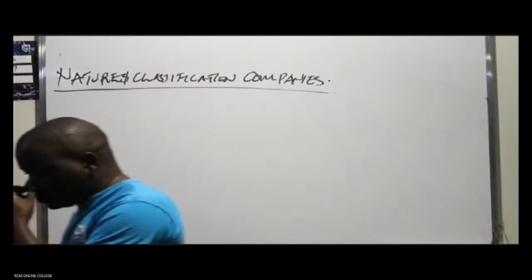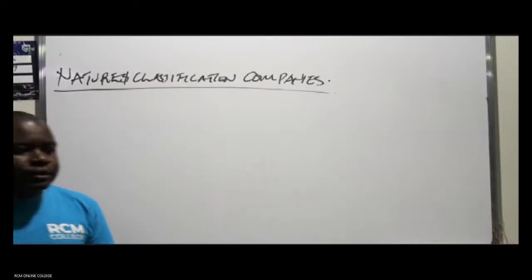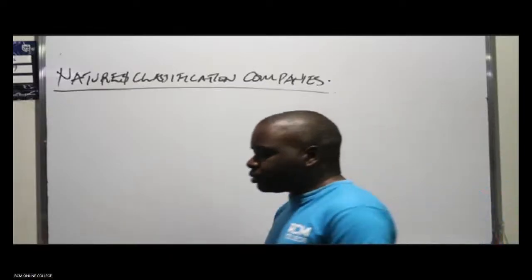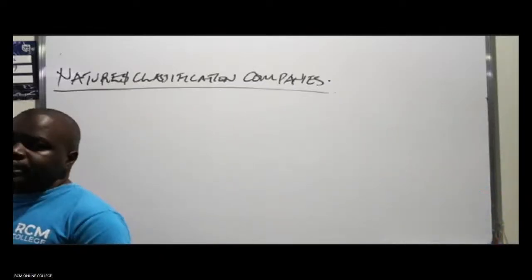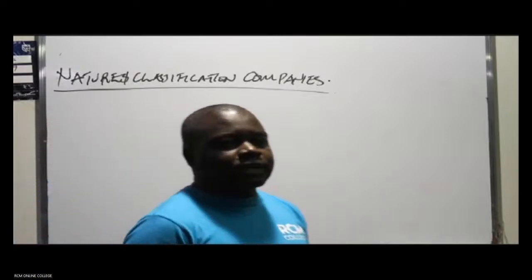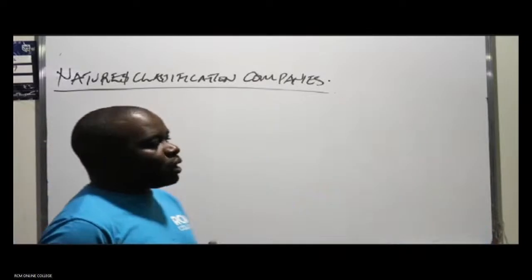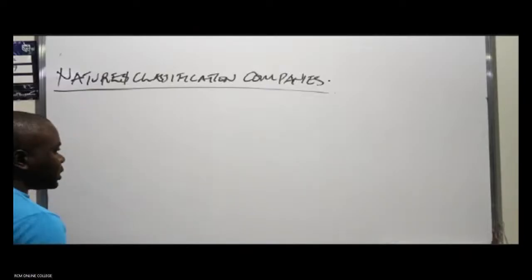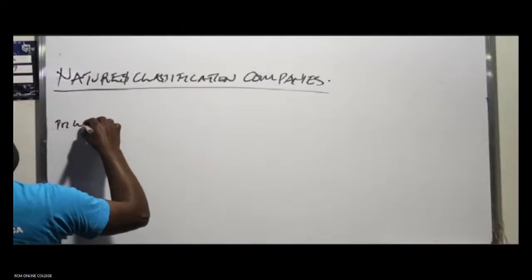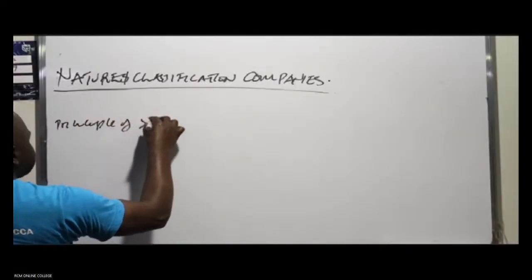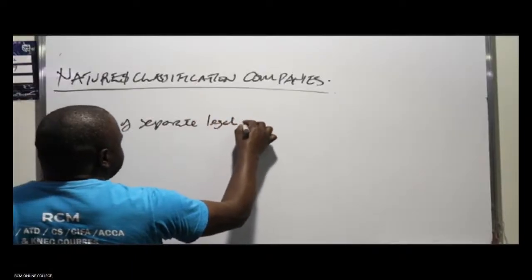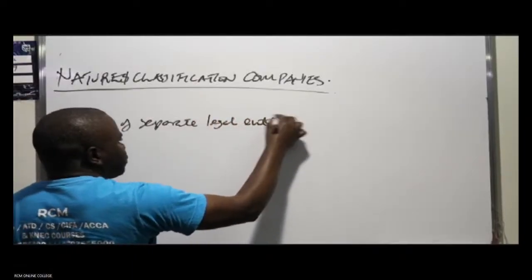We've already introduced this topic, and we've seen what a company is. We've seen the features and characteristics of a company. We've seen the different classifications of companies. In our previous class, we wound up looking at the principle of separate legal entity, and the exceptions.